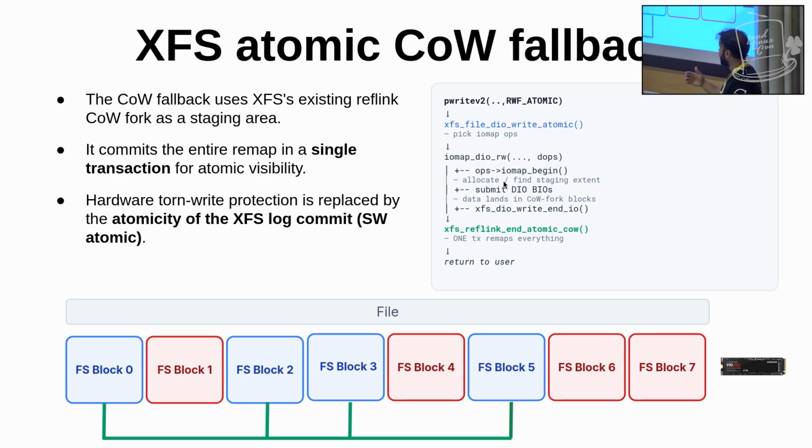If it cannot allocate contiguous extents that match the atomic guarantees, then I'm going to do the COW fallback, which is going to pick whatever it can, and it does the write. It submits the BIOs to the device. And once everything is over, there's going to be one transaction that remaps and says, you know what, now this is your new data.